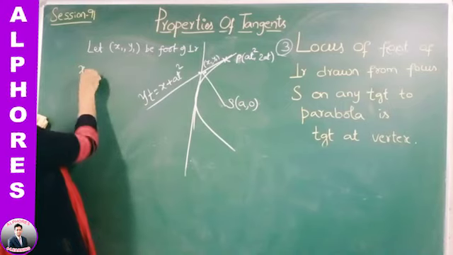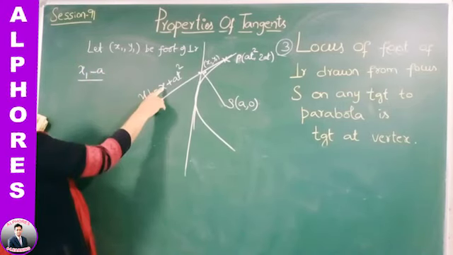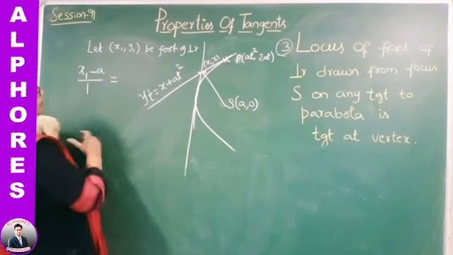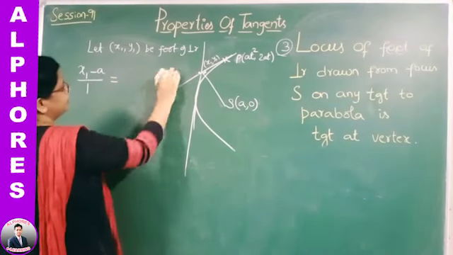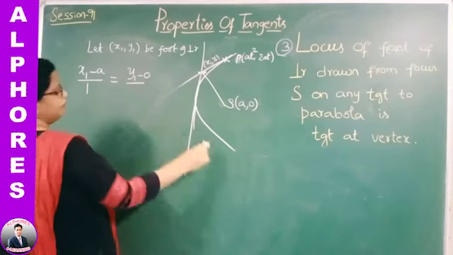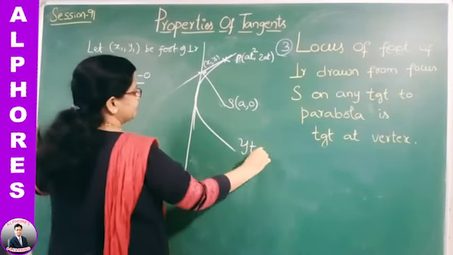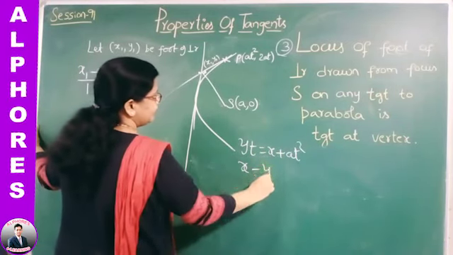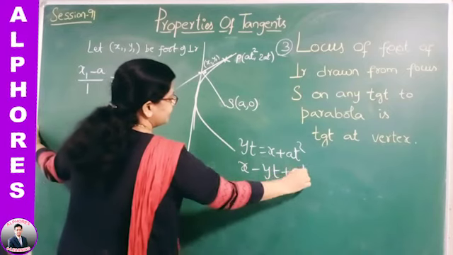So I am writing the formula: x1 minus a divided by the x coefficient, which is 1, equal to, what is the next value here? It is y1 minus 0 divided by the equation, which is yt equal to x plus at square, implies it is nothing but x minus yt plus at square is 0.